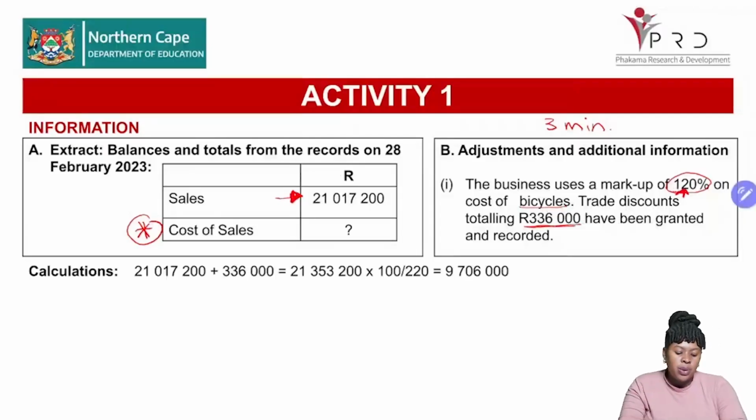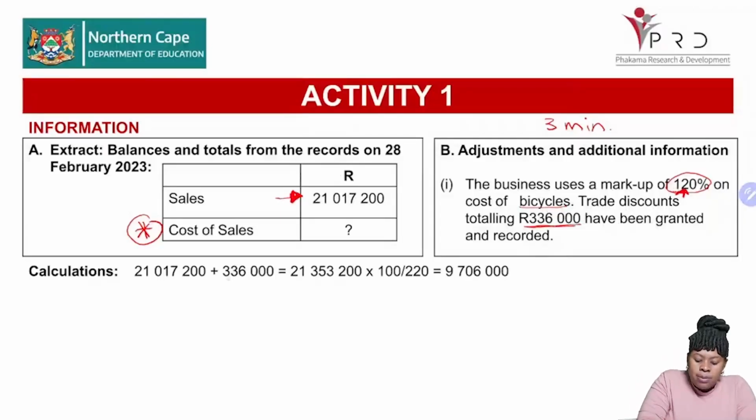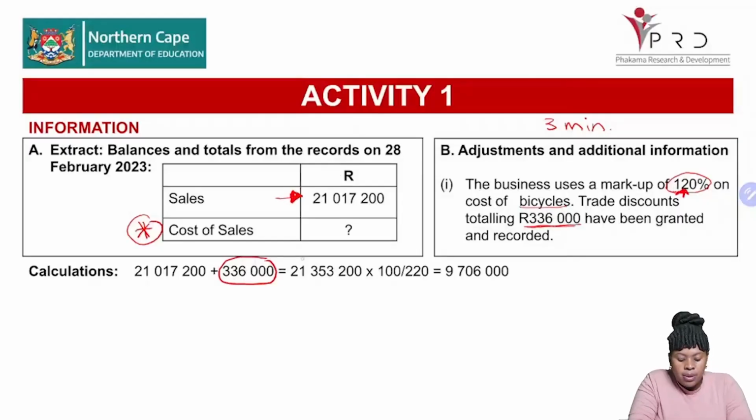So we add back our discount to find out how much it was supposed to be. We say the sales, plus our discount, and that gives us 21,353,200,000. Then only can we calculate our cost of sales.